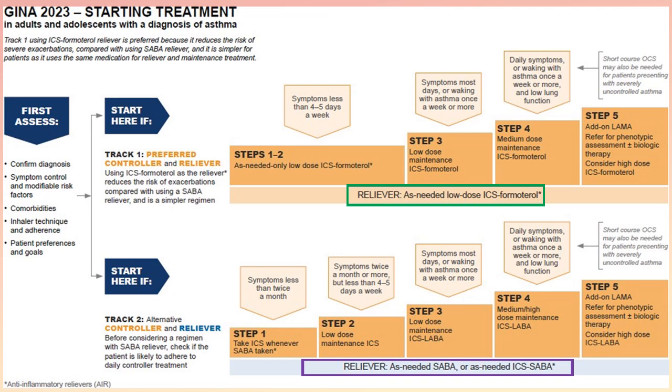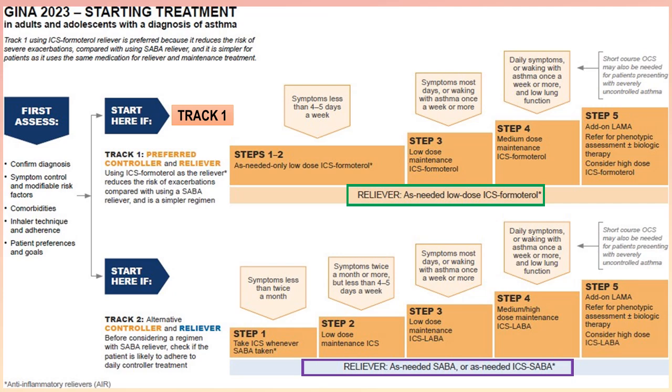Track 1. This is the preferred approach recommended by GINA for adults because of the extensive evidence that using low-dose ICS-formoterol reduces the risk of severe exacerbation compared with using SABA as reliever, with similar symptom control. In addition, the treatment regimen is simpler, with the patient using a single medication for reliever and for maintenance treatment if prescribed across treatment steps.